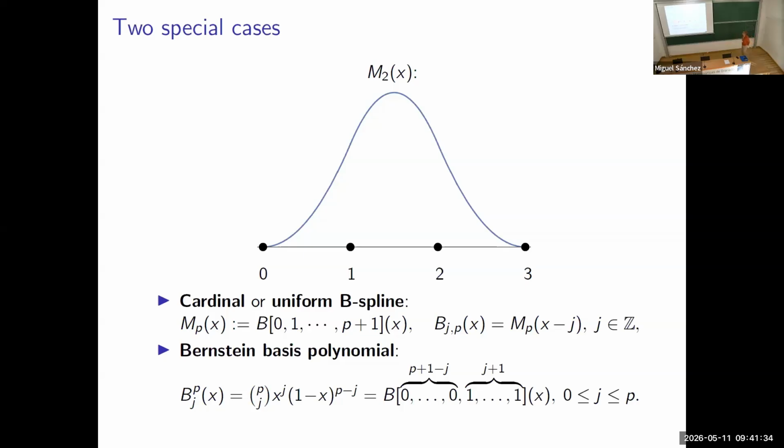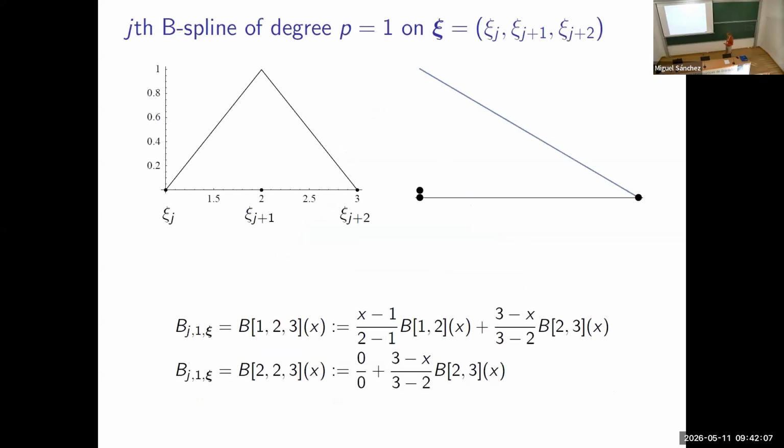Then for each integer j, we can define bj as a translate of MP. Another important example is the Bernstein basis polynomials, which are also B-splines. You get them by taking a certain number of knots at 0 and a certain number of multiple knots at 1, and you get all those basis functions as B-splines.